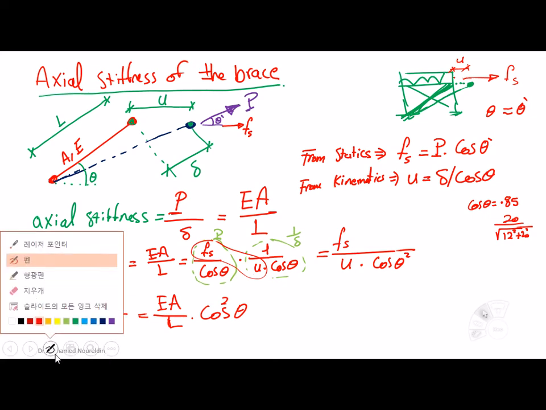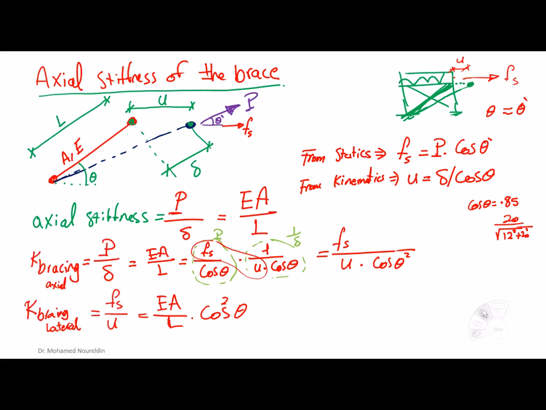The point is, at the end, we want Fs over U to be determined by known parameters. We know E, we know the cross-sectional area of the brace, we know its length, we know cosine theta as we have obtained here. So everything is known for us. We're not going to calculate anything. So we can obtain this K lateral bracing.